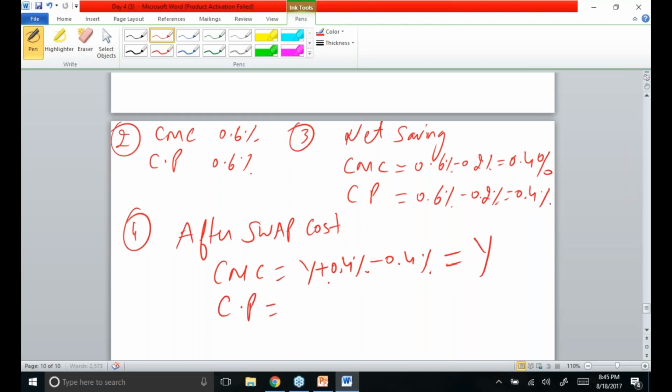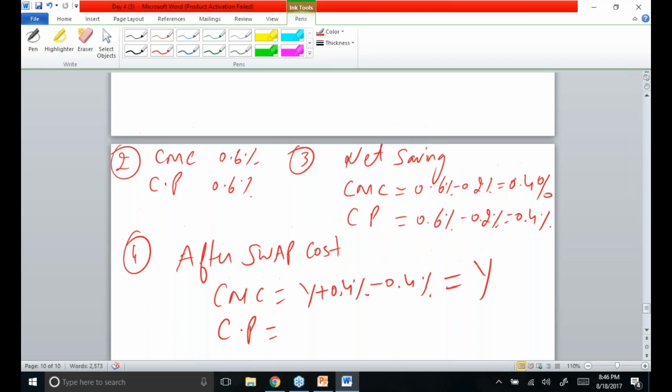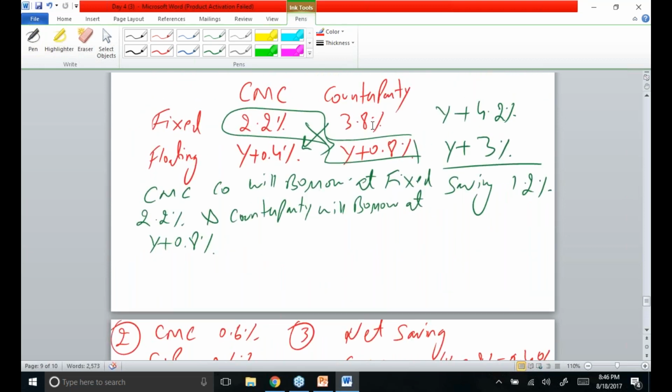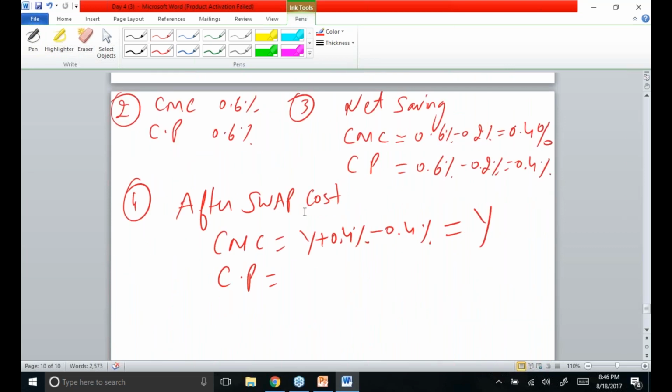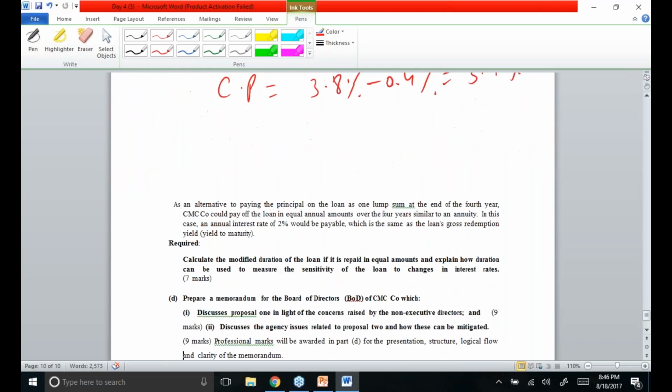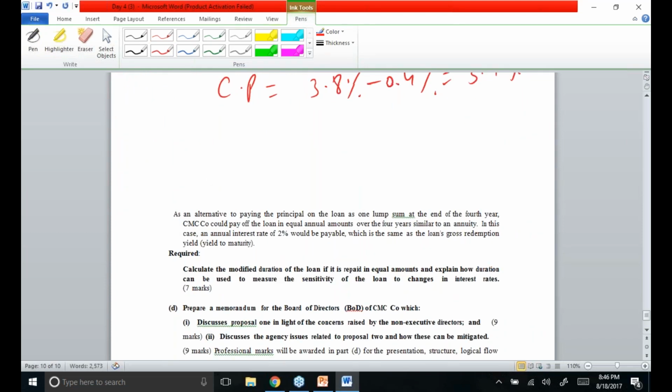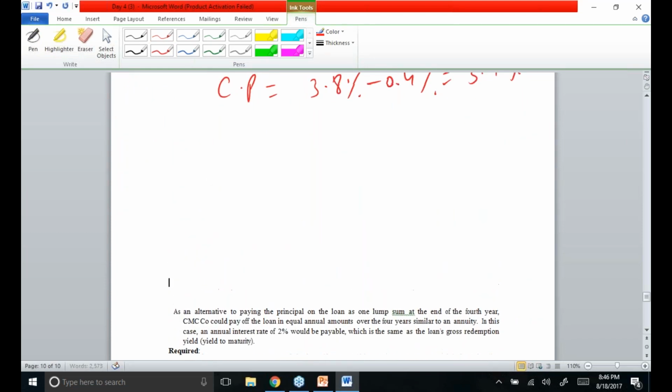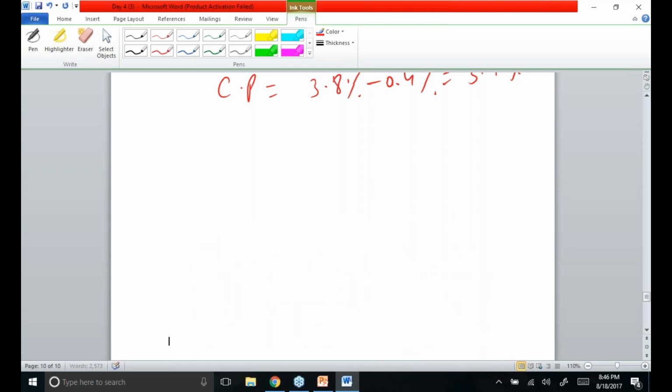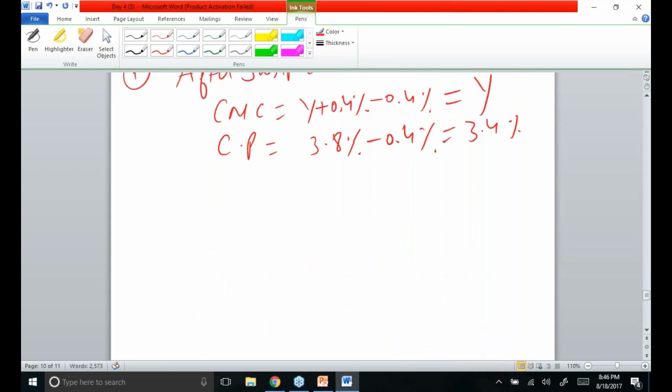Counterparty has already borrowed at floating rate, so its final answer will be at 3.8%, but it will be lower by its saving, that is 3.4%. These are the final costs.